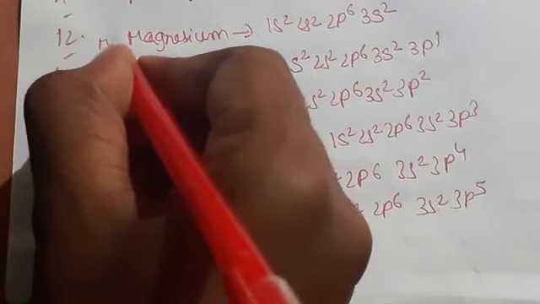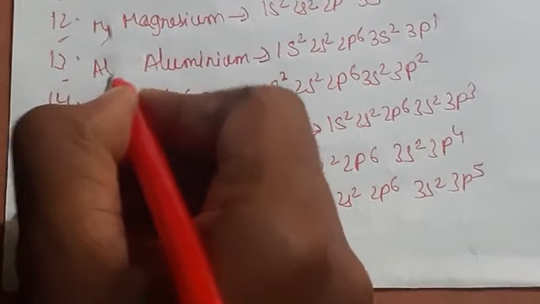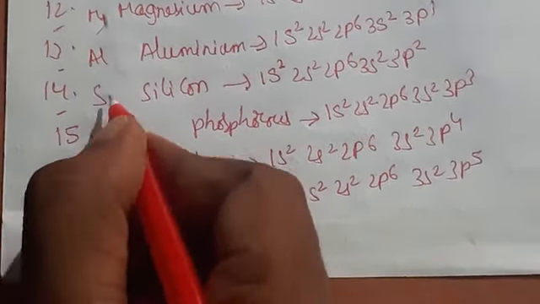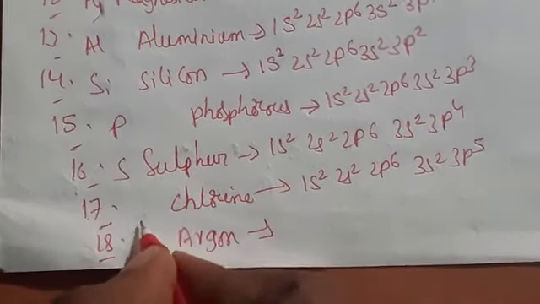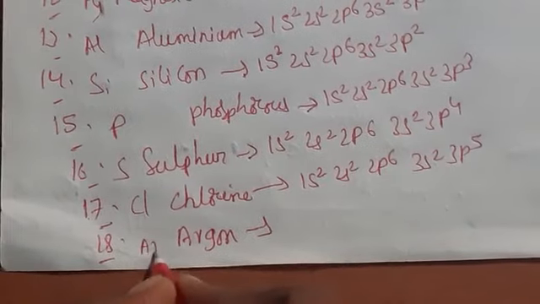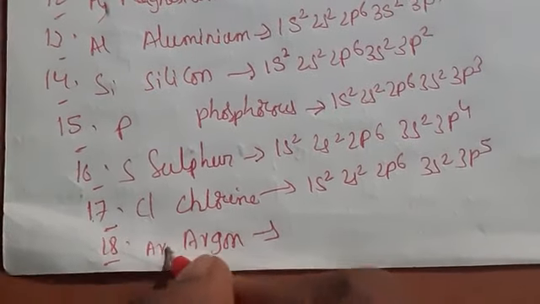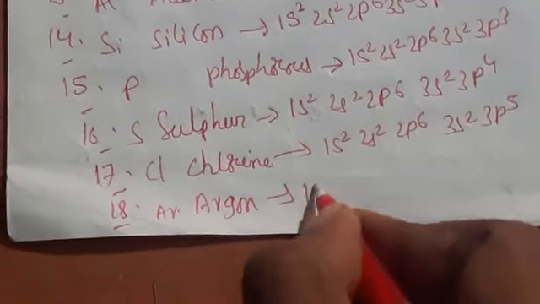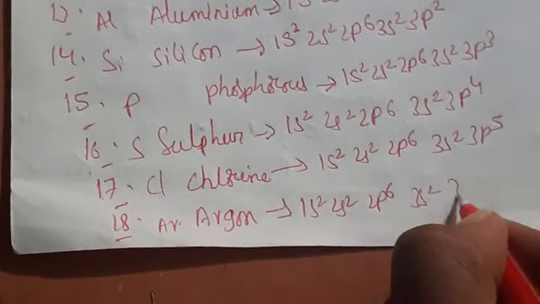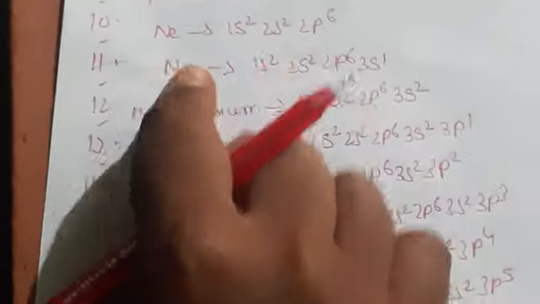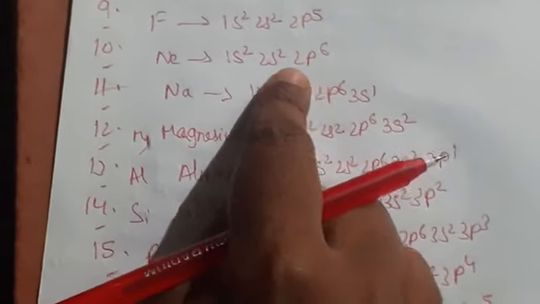These are the symbols: Mg, Al, Si, P, S, Cl, Ar. For argon you have 1s2, 2s2, 2p6, 3s2, 3p6. If you have observed, whenever we get noble gas elements, that is inert gas elements, we get the octet configuration.